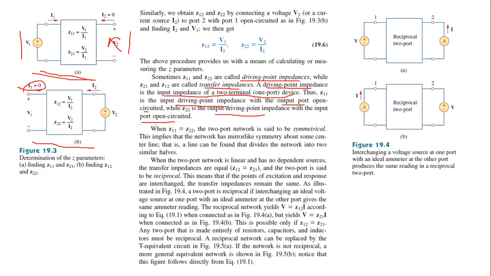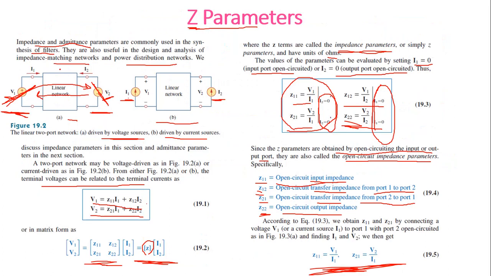Z11 will be equal to V1 by I1, right? So a driving point impedance is the input impedance of a two-terminal device. Why do we call it a two-terminal device? It is related to only one particular port at a time. If we take Z11, it is related to V1 and I1. Similarly, if we take Z22, it is related to V2 and I2.